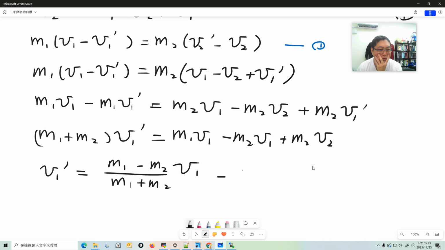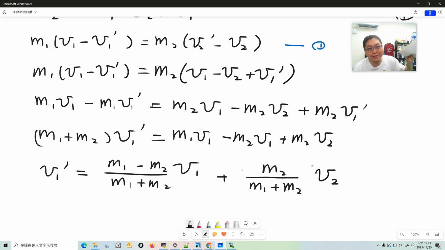M1 plus M2, M2 V2. Let me check if the answer is right, because if this is wrong, V2 prime is wrong.